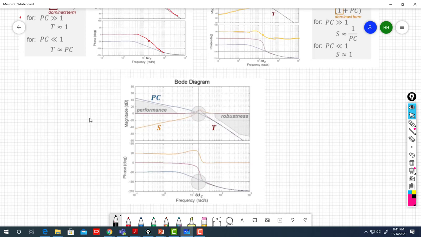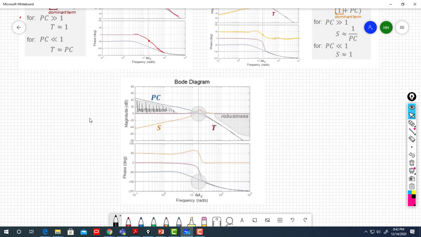So high gain will lead to good performance and noise rejection. So that's a rule. First one, good performance, we should be in this zone. Basically what we mean by good performance is good tracking and good disturbance rejection. And why up to here?